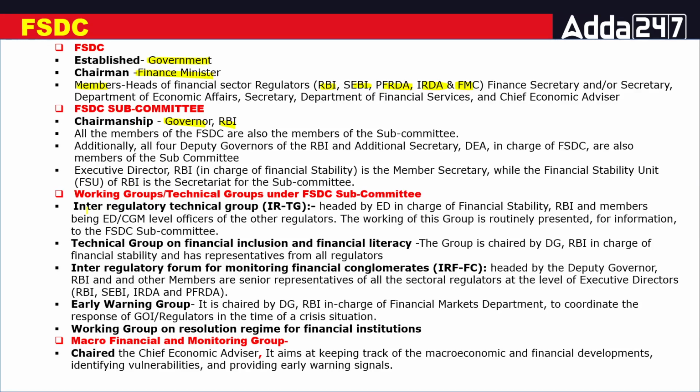Working group is an inter-regulatory technical group on financial inclusion and financial literacy. Inter-regulatory forum for monitoring financial conglomerates, early warning group, working group on resolution regime for financial institutions. And the micro financial monitoring group is there, chaired by the chief economic advisor.